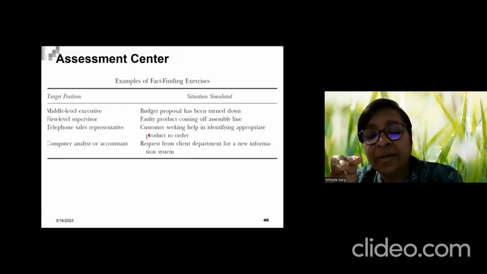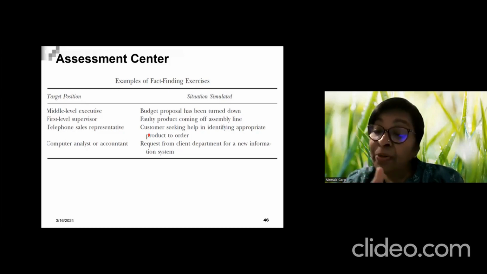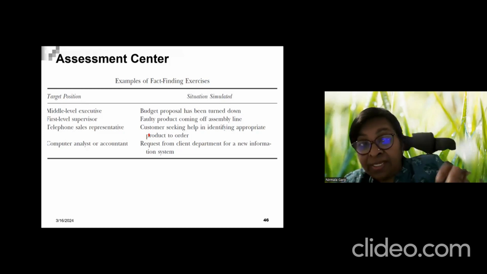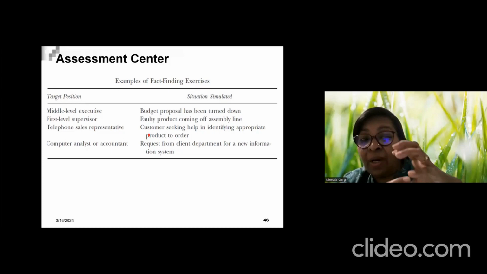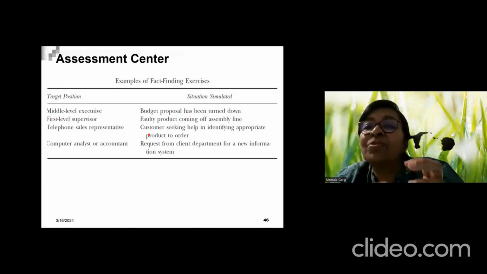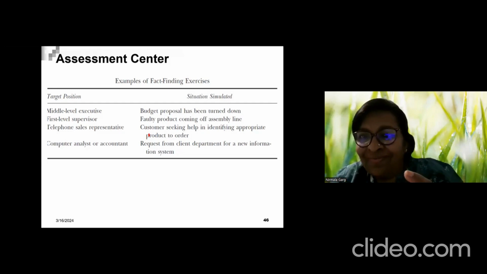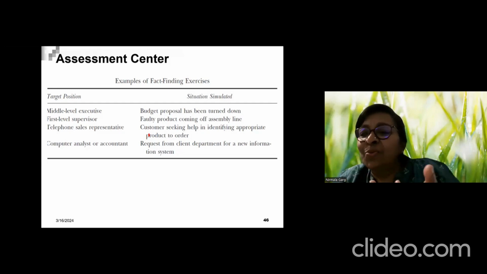Why did we say that the assessment center method is far, far better in terms of predictability as compared to interviews? Because we are trying to create stimuli through simulation. You know what a stimulus is, right?